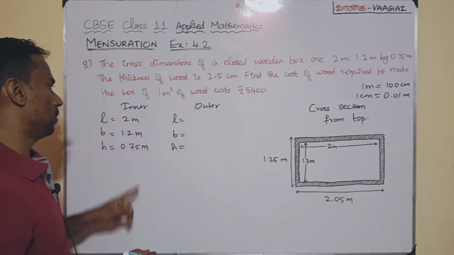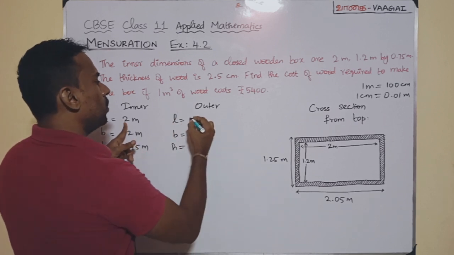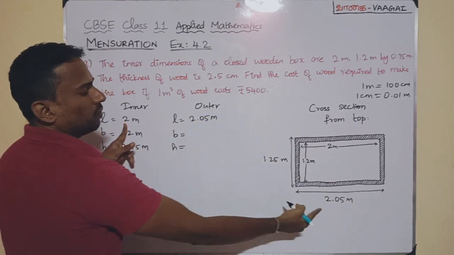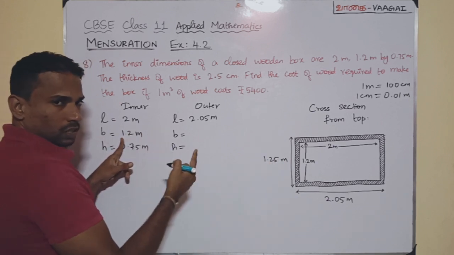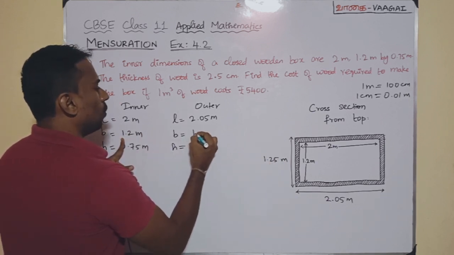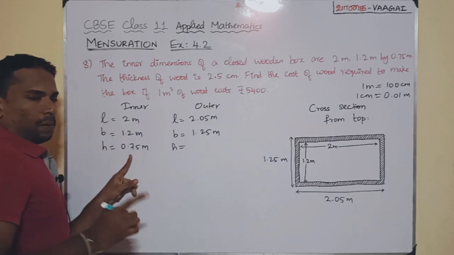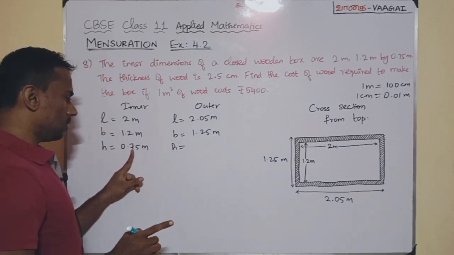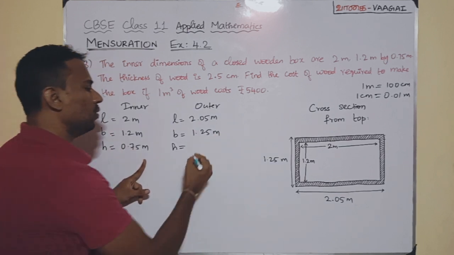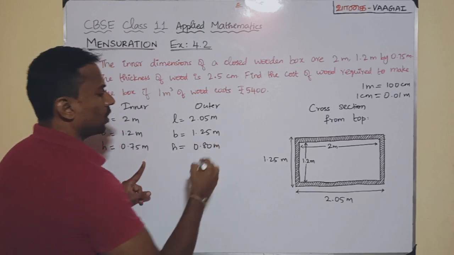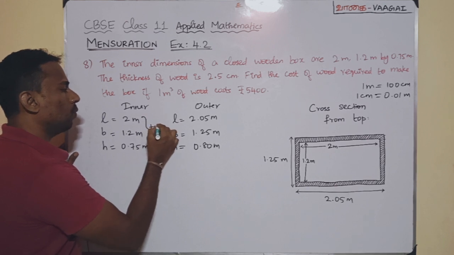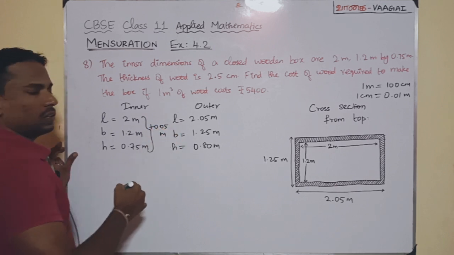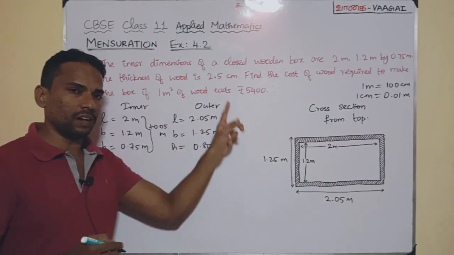That's it, very simple. So 2 plus 0.05 will be 2.05 meters, which is what we already got here. The same we did for breadth also, 1.2 plus 0.05 will give you 1.25 meters, and the same happens to height also. So 0.75 plus 0.05 will give you 0.80 meters. I hope you understand this. So simply you add 0.05 meters to each of these, and you will respectively get the outer dimensions.